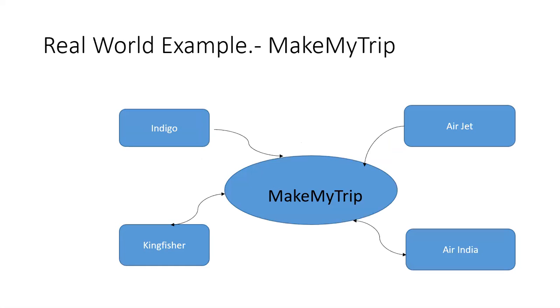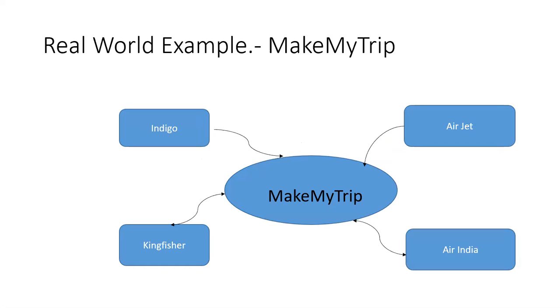Let's see one more example of web service. Whenever we want to book an air ticket, we visit, for example, the Make My Trip website, write our source and destination, select the journey date, and click on the search button.